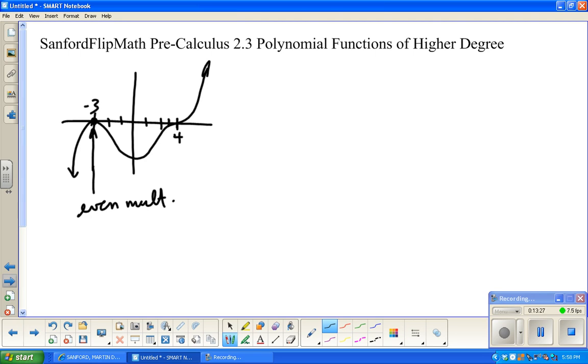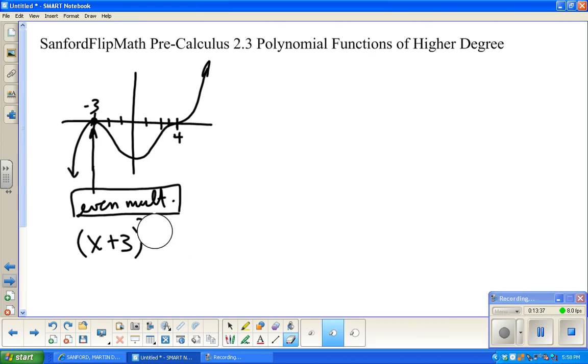Okay. All right, so this has an even multiplicity. So this is going to come from the factor x plus 3, and it would be squared. Or it actually could even be to the 4th. Or it could even be to the 6th. Now, usually we just assume it's the smallest one that makes sense.